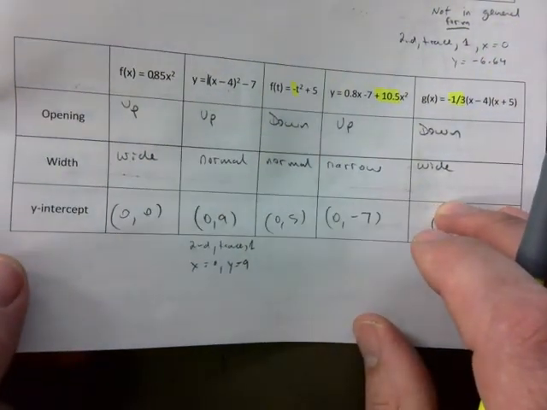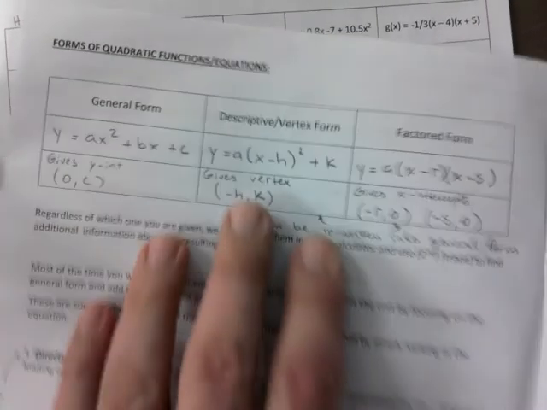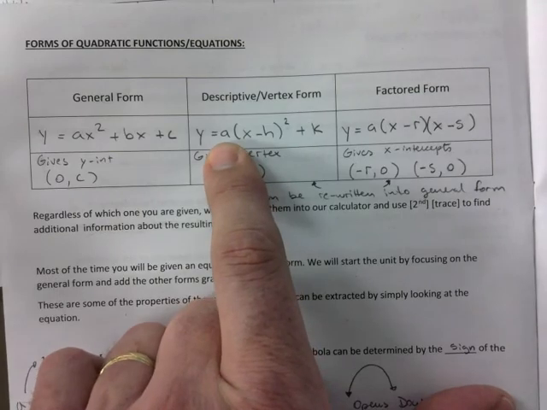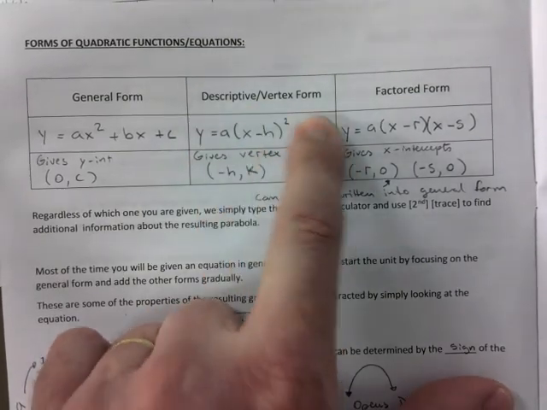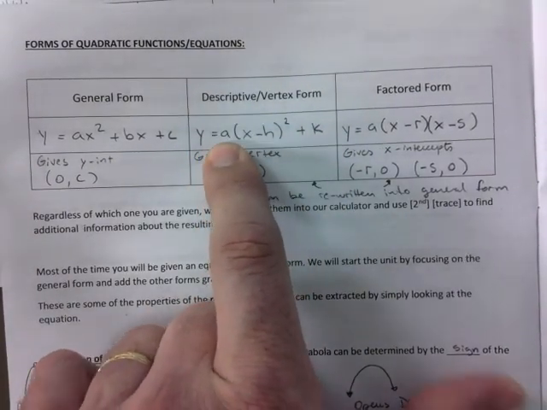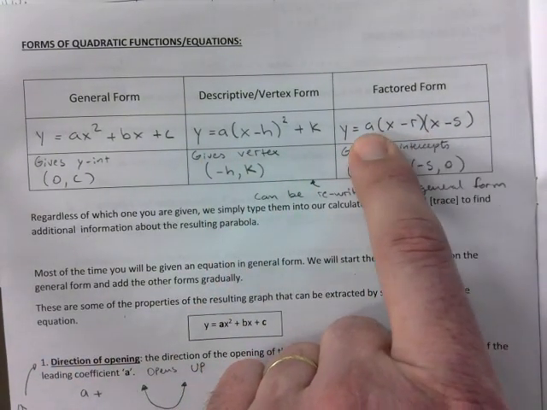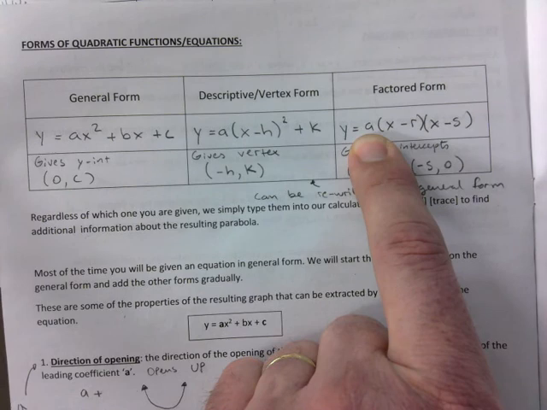Let me point you to where I'm getting this from. Look at both of these other forms that have a bracket. If you see it like this, A is still up front, and if you see it like this with 2 brackets, A is still at the front. Does that make sense? A is always at the front.